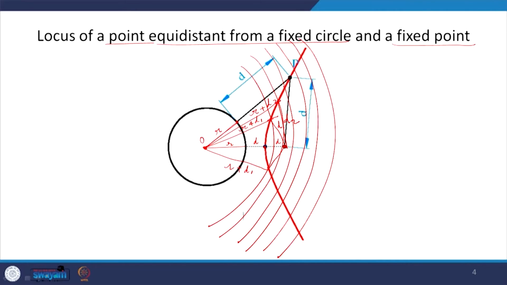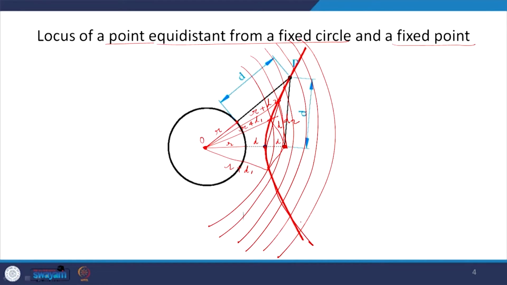And I keep getting these points at a distance of dn plus r from the center, where r is the constant, fixed radius of the circle, and from the circle it is only dn, the nth distance. We could vary this, and in this manner we will get this curve.